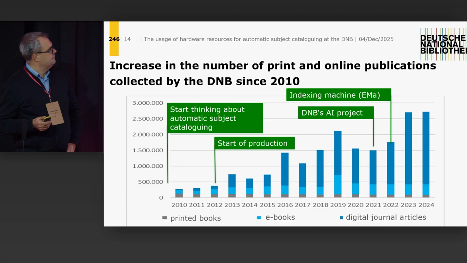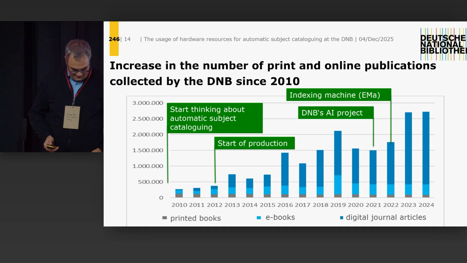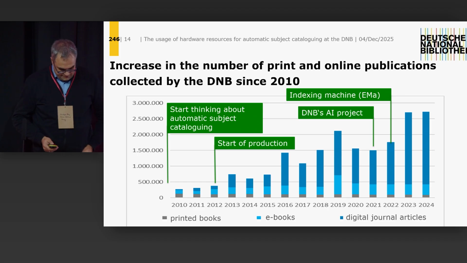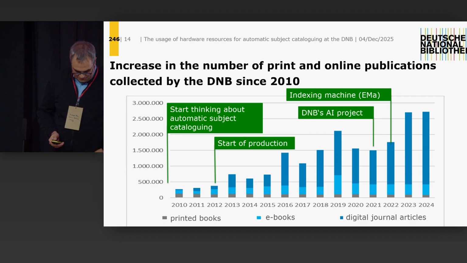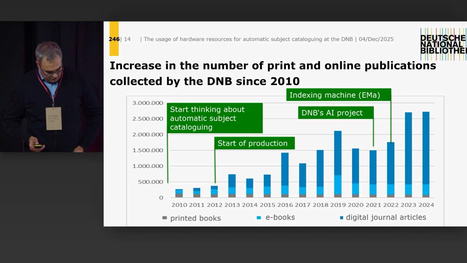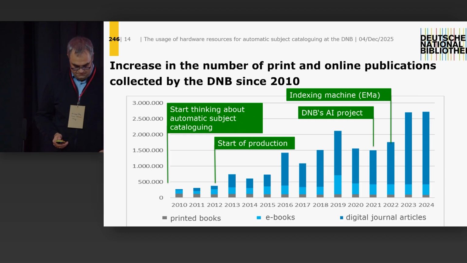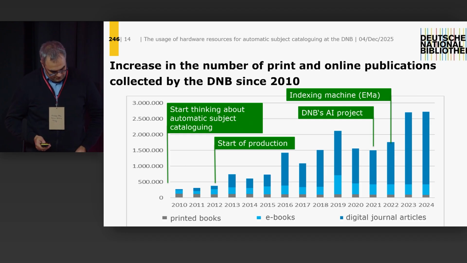The following graph gives us the main reason for automatic subject cataloging in our library. Every day, almost 7,000 new online publications, I mean the blue bars, not the gray bars, find their way to our library without any uniform and controlled subject cataloging content. Obviously, we can't handle the mass of incoming publications using intellectual subject cataloging alone.